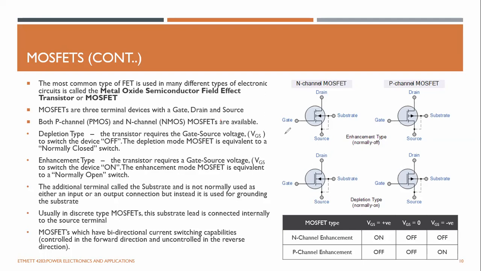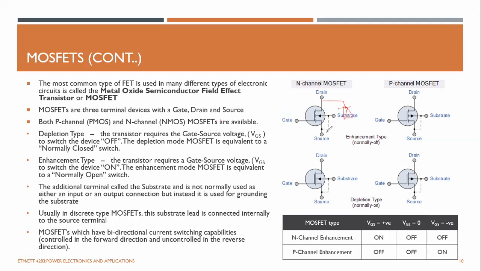In BJTs, we have learned that in an NPN type BJT, the current can flow from collector to emitter, right? There's no current flow in the opposite direction. Interestingly, MOSFETs can drive current in both directions. If you provide a control signal of 5 volts, you can drive a current through here. And how does the current flow in the opposite direction? That is because you have a body diode here.